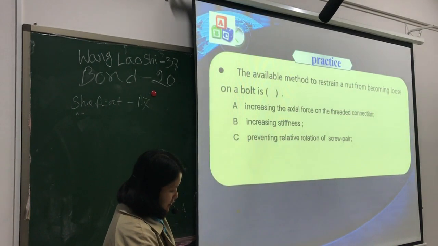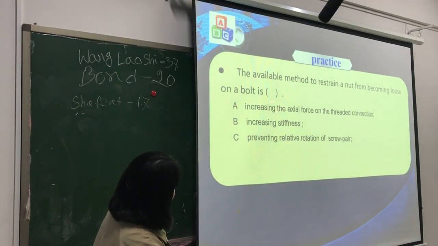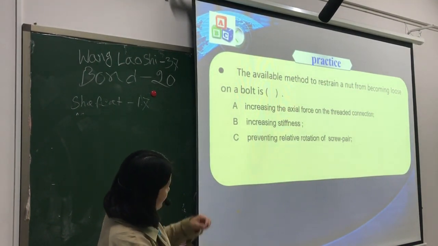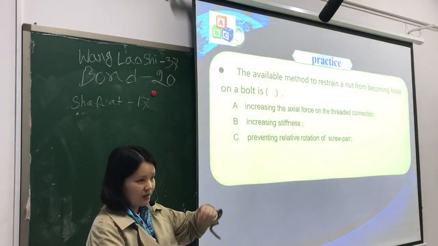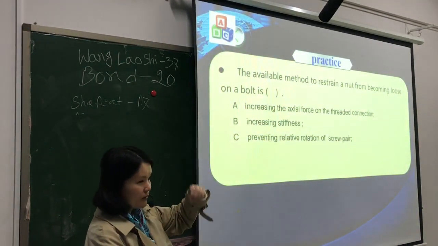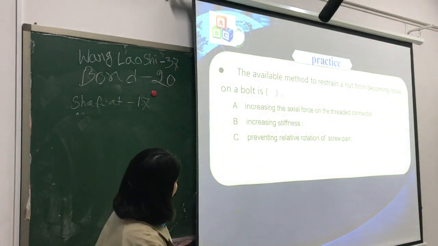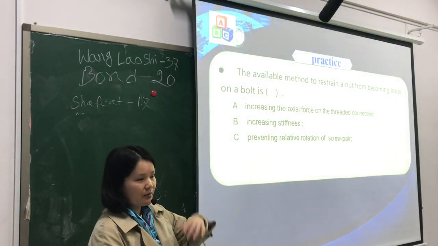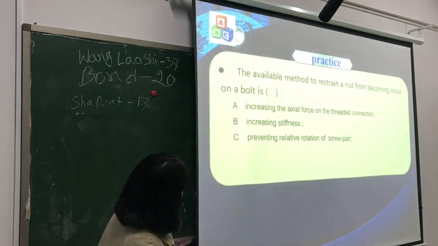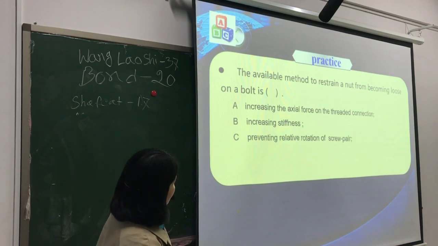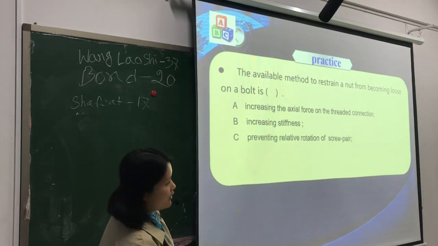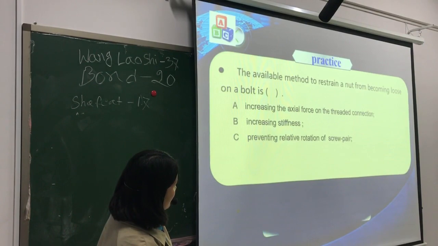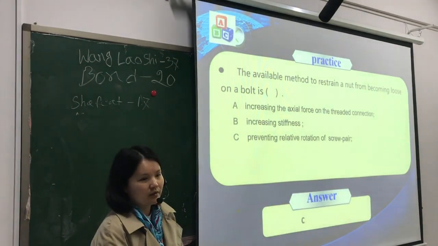If we increase the axial force on the thread connection, the members will separate. So to restrain a nut from becoming loose on a bolt, C, preventing relative rotation of screw pair.